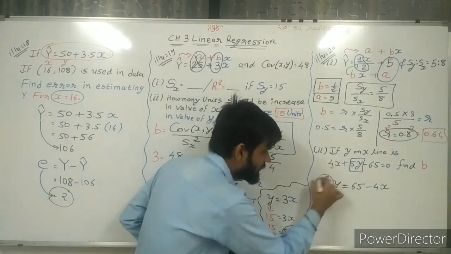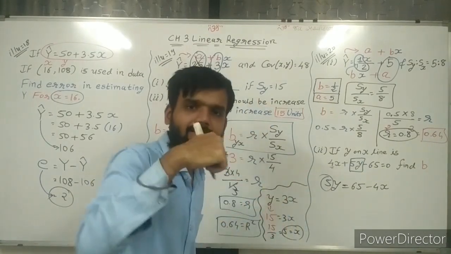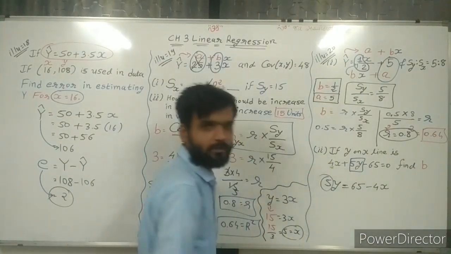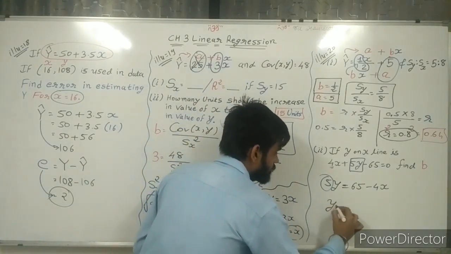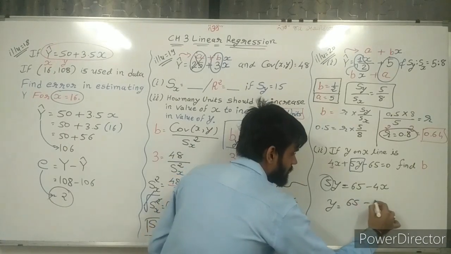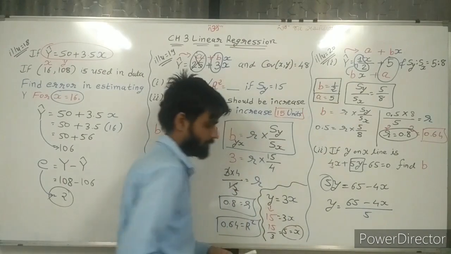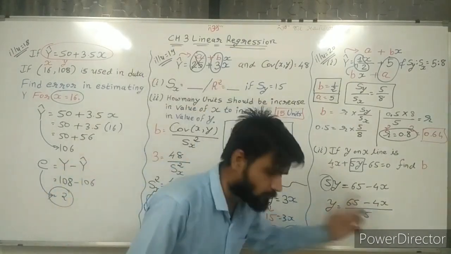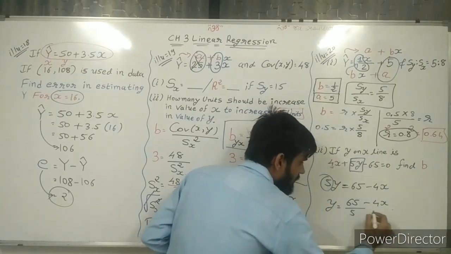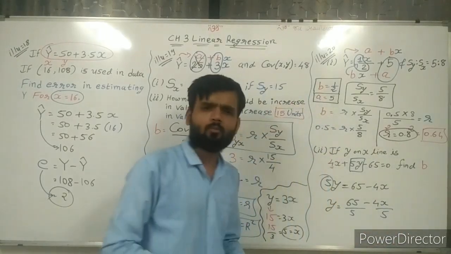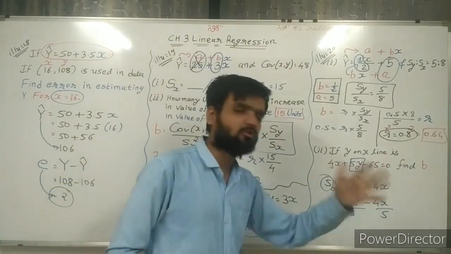So with y, what is given? 5. So it is in multiplication. Change its side. So it is in the denominator, division. So y is equal to 65 minus 4x divided by 5. Now you can write in this way also. 65 by 5, 4x by 5. Both are same. If you take LCM, then common 5 you can write.